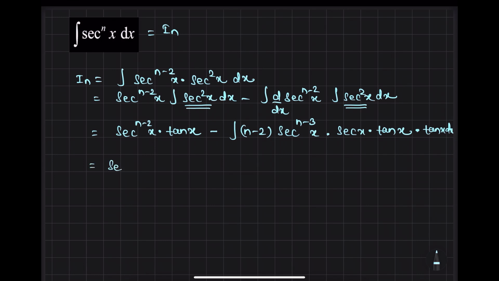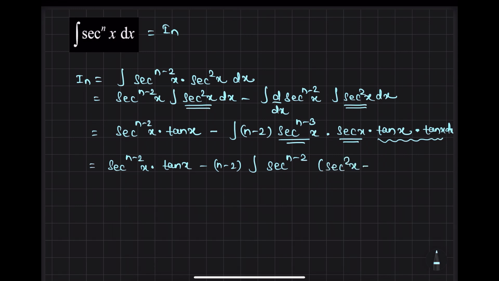So it is sec power n minus 2 x tan x minus n minus 2, and then look, this is one thing, this is n minus 3, so if we club, we will have n minus 2. Now this is tan square x. So can I apply the formula sec square x minus tan square x equals 1, as sec square x minus 1 dx?